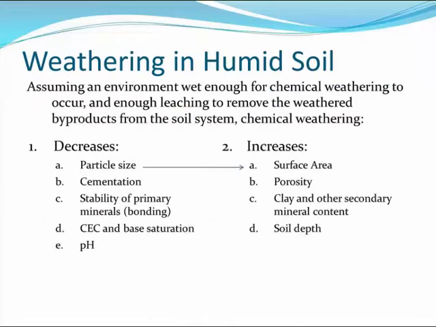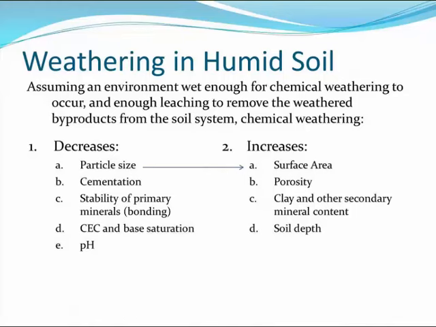Well, let's talk about weathering in humid soils since that's what we're dealing with here in Virginia. So if we have an environment that's wet enough for chemical weathering to occur, and the reason I say wet enough is because moisture is an absolute necessity for chemical weathering. We will not have chemical weathering in the absence of moisture.